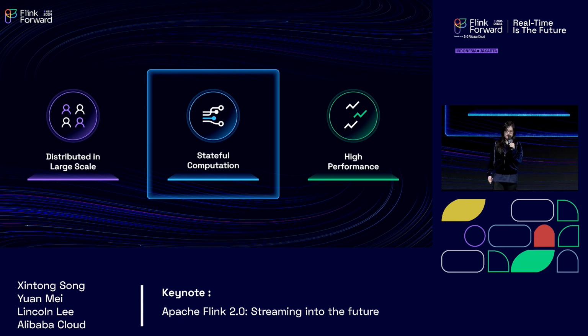Flink has become a de facto standard for stream processing in the open source area, in academia, and in industry globally. At its core, I think these 3 symbolic characteristics remain: distributed in large scale, high performance, and stateful computation.